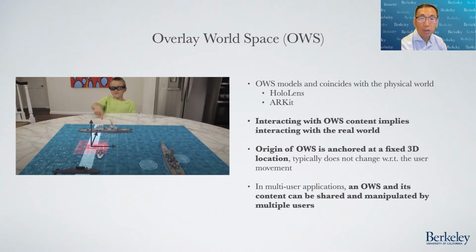More importantly, interacting with the OWS content implies interacting with the real world, such as the example shown on the left. If a family of 3 or 4 are playing a virtual board game on a table, then each user must interact with the virtual content at the same time that they interact with the physical table and the physical space around the table.